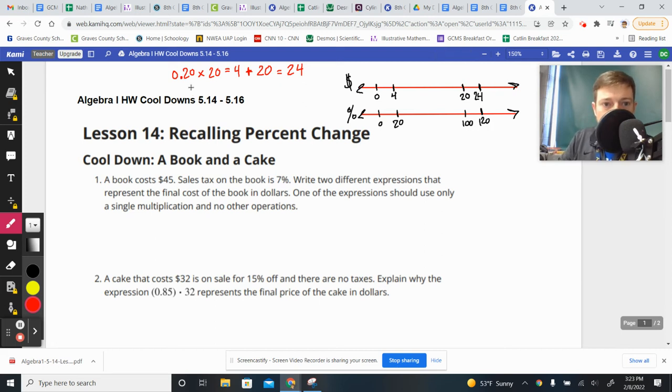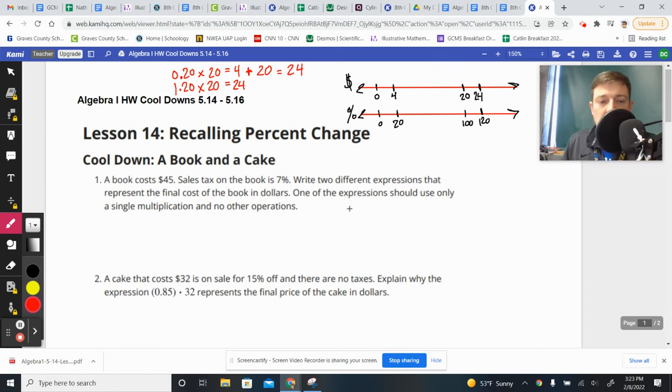That would look like this: I'm going to find 120% of $20, and that gets me straight to my answer of 24. This idea of doing the percentage in your head with plus and minus, and then multiplying by that to get your exact amount for the percent change, is going to be helpful when we look at these functions of exponential relationships.